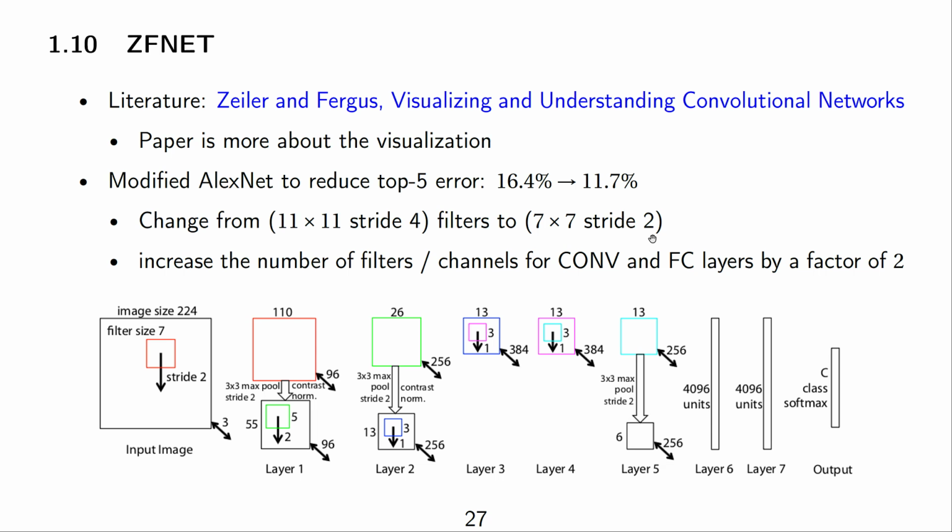One can increase the width, make the network wider, which is done by increasing the number of channels. And then also one can make the network deeper by adding more layers. This is something that I think hasn't been done here in ZFNet. But in general, scaling up a network can lead to better performance, and this is also something here that was observed.